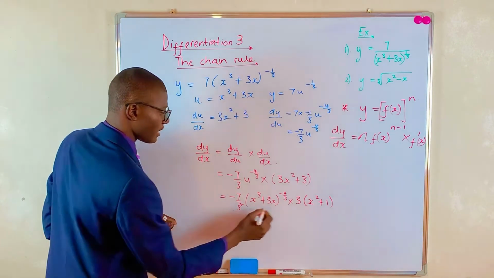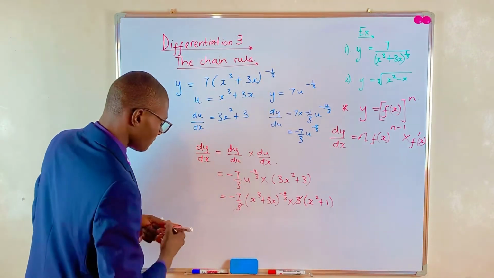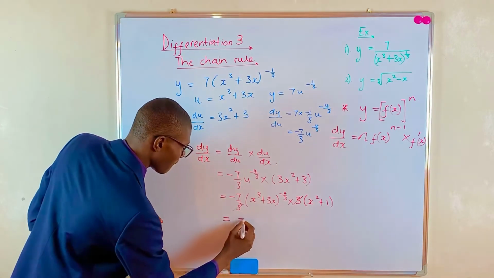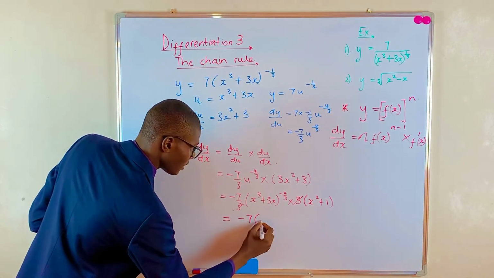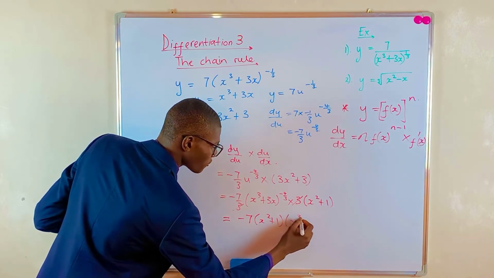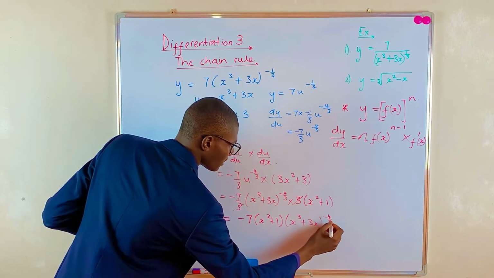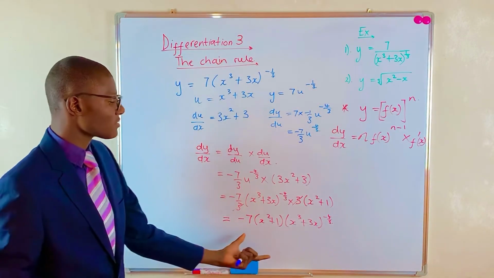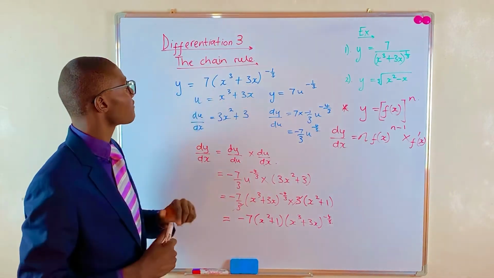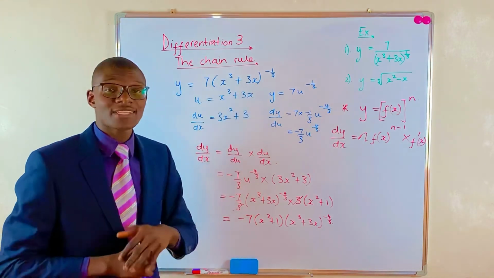And you know that the 3 and the 3 will cancel out, such that the final answer would be minus 7(x^2 + 1) times (x^3 + 3x) raised to the power of minus 4 over 3. So now this becomes the gradient function for the function of y is equal to 7 times (x^3 + 3x) to the power of minus a third.